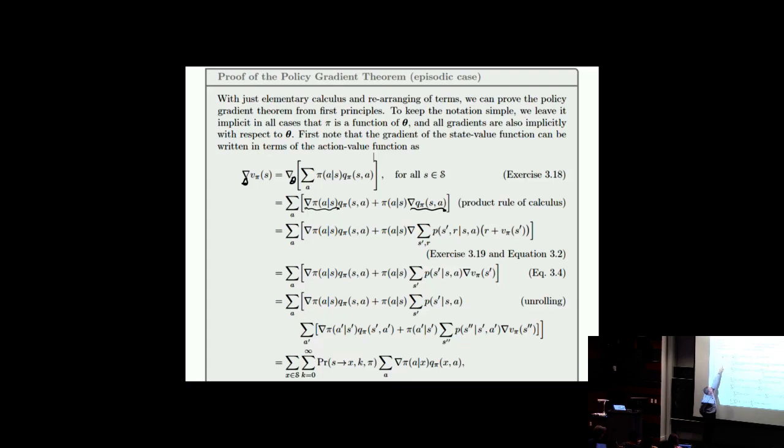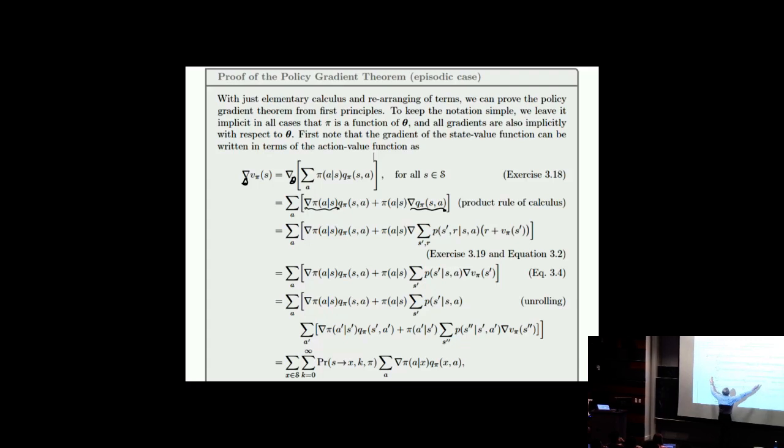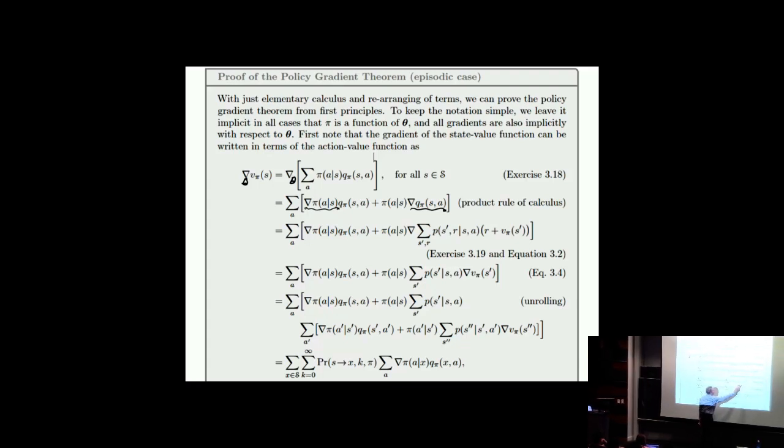This is v of theta, V sub pi theta of s. So we can use this whole expression to substitute for that. And now you see we end up with a recursive definition.